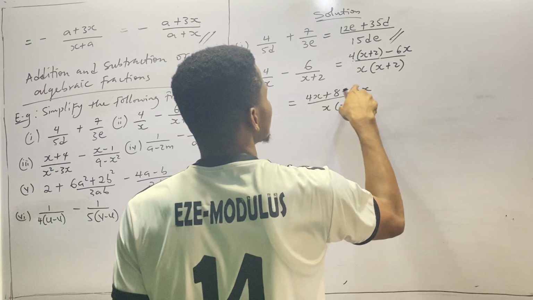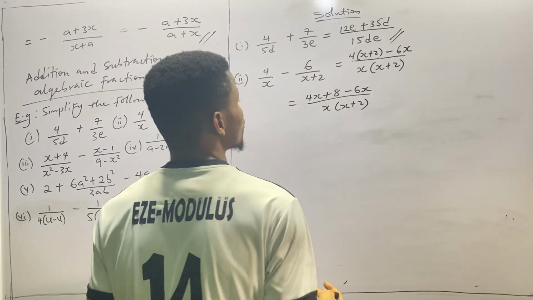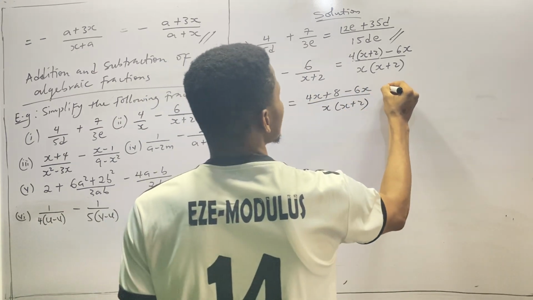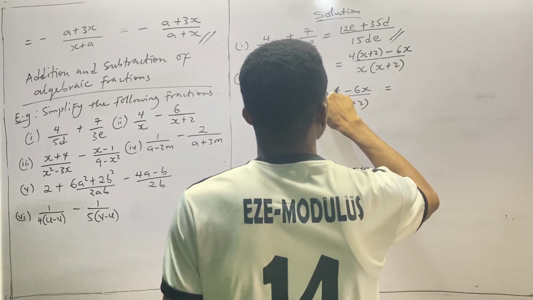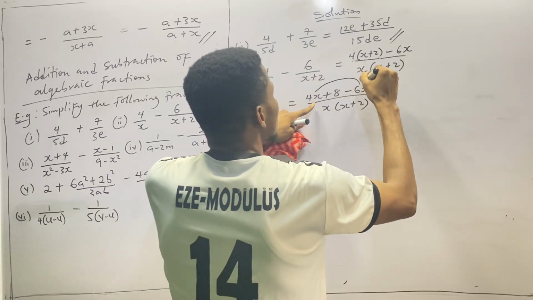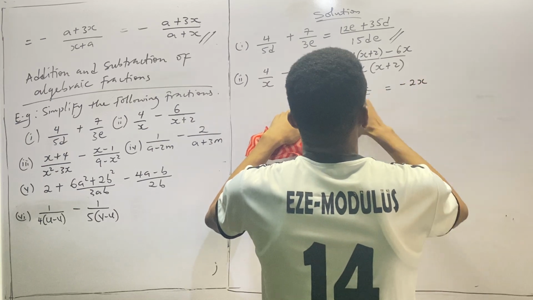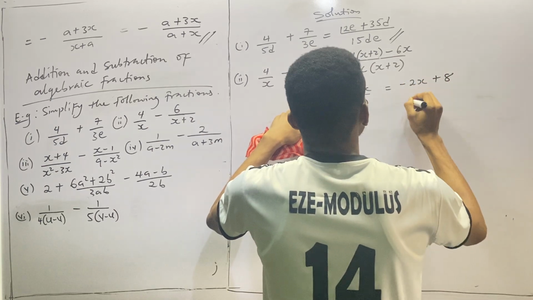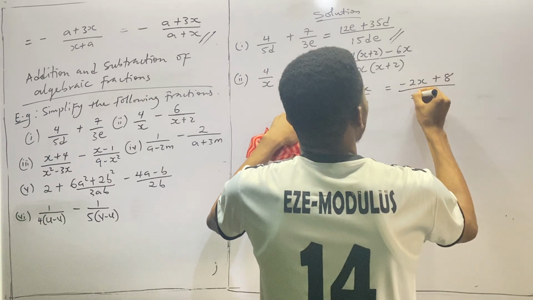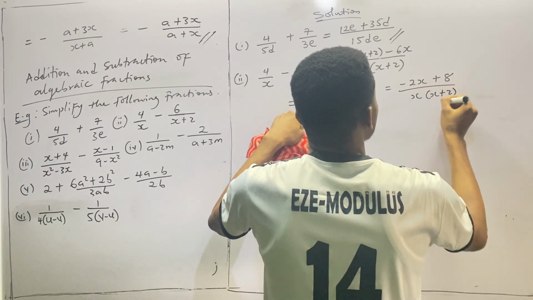So 4x minus 6x should be minus 2x, all right? So this will be equal to 4x minus 6x. Collect like terms. 4x minus 6x is what? Minus 2x. And what's remaining here? Plus 8. Then all over x into x plus 2.